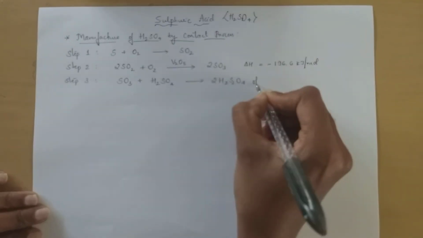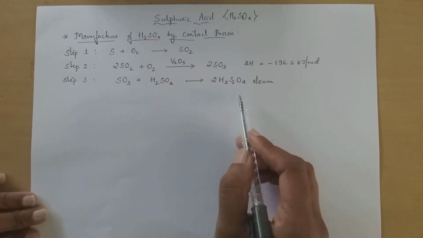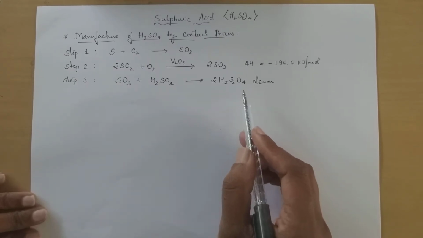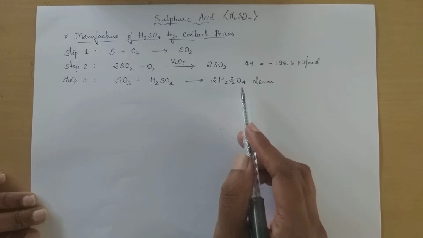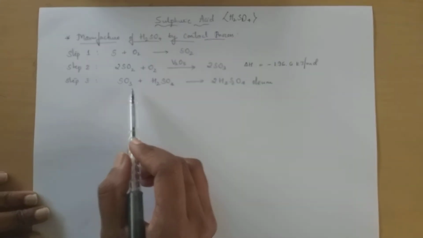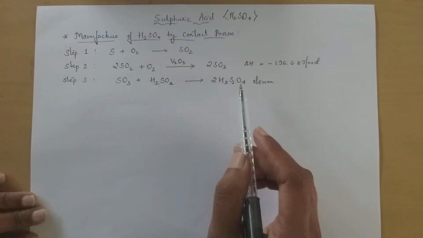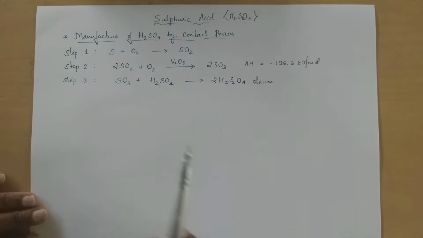This is called oleum, which is one of the oxoacids of sulfur. In the last video we came to know about the structure, right? So sulfur trioxide gets absorbed in H2SO4, giving rise to oleum, H2S2O7.